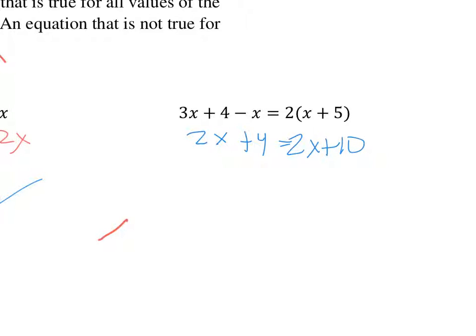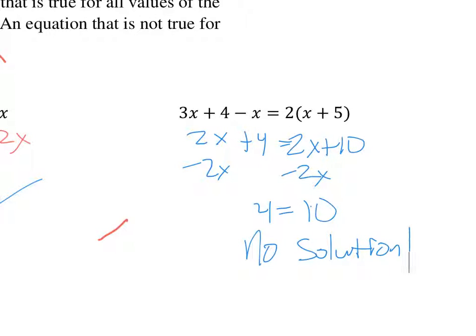Now we want to maybe get rid of the x's. Subtract 2x, and that's interesting. We have 0 plus 10, which is 10. Is it true that 4 is equal to 10? No. So we say there's no solution. When we get something that can never be true, no solution.